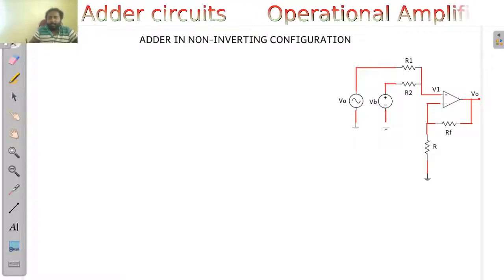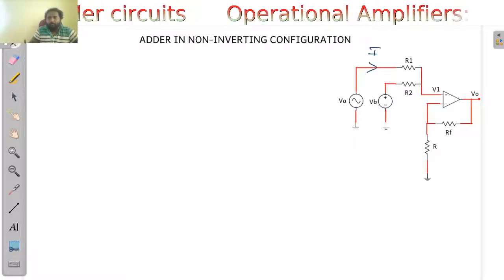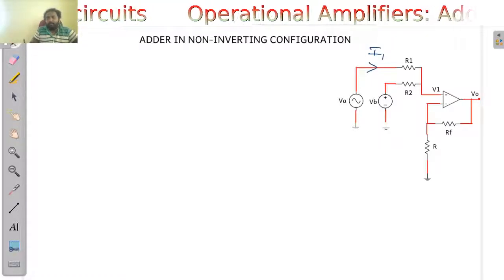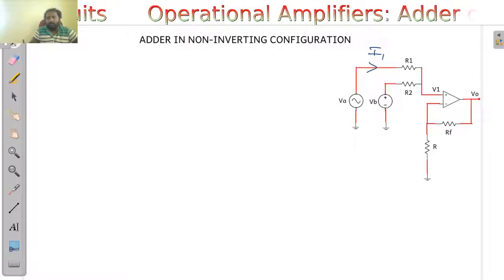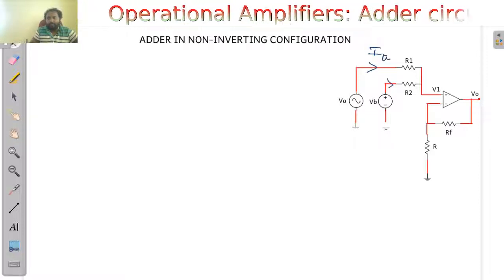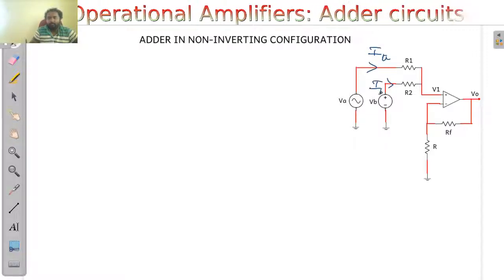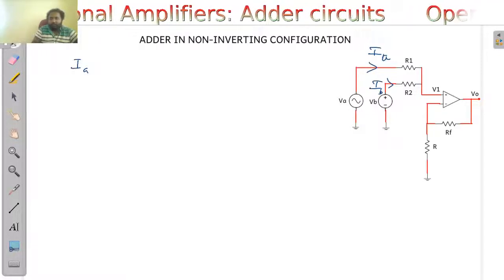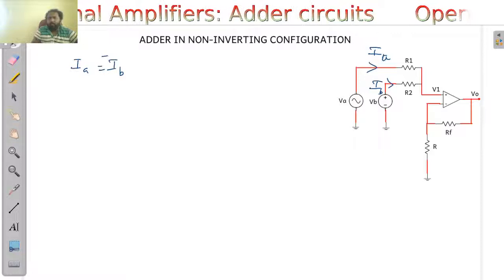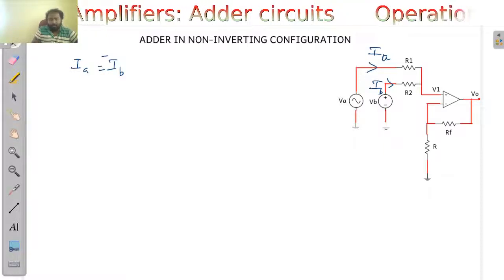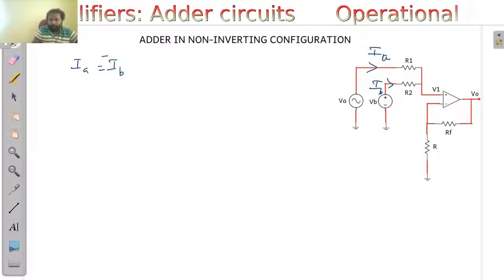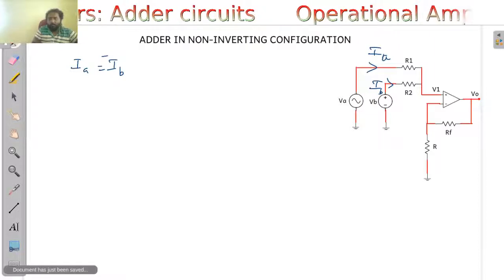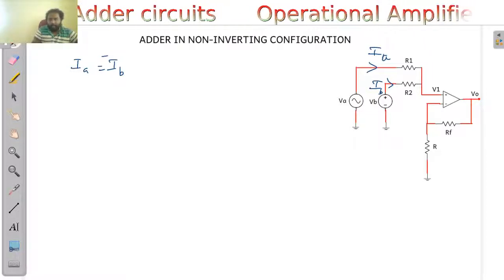So let us write that down. I am saying that this current I1 must be equal to I2, or I can write this as IA, and this one is IB. So your IA must be equal to IB. Let us write what IA is. IA can be written as a function of the voltage VA and V1.